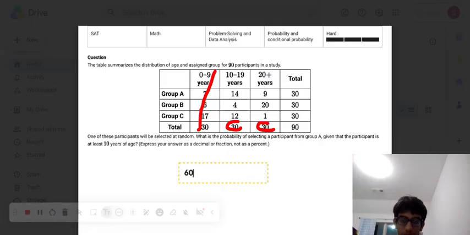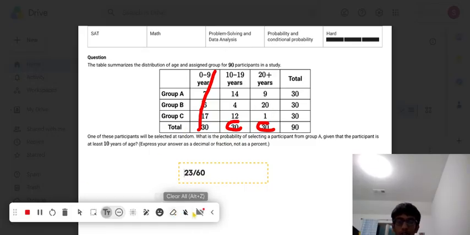Out of those 60, we're asked to find how many of them are from group A. Group A is 14 in the 10 to 19 group, and 9 from the 20 plus age group. Altogether, that leaves us with 23. So our answer would be 23 over 60. Using your calculator, you can always calculate the decimal portion, but a fraction is also fine as shown here.